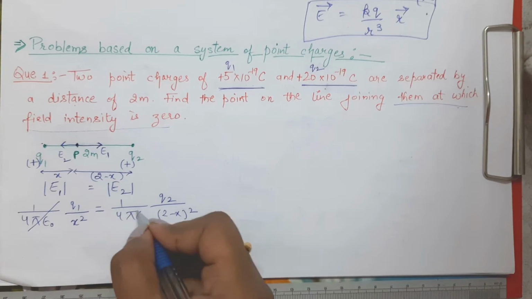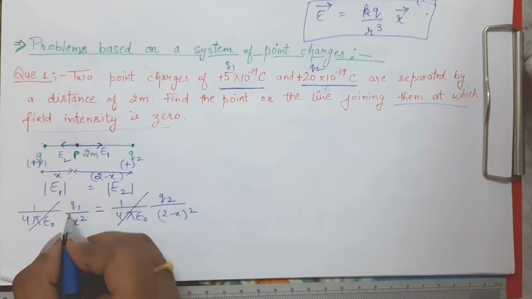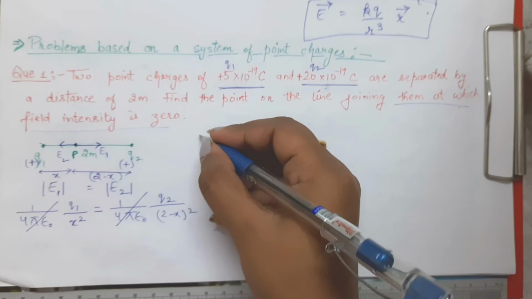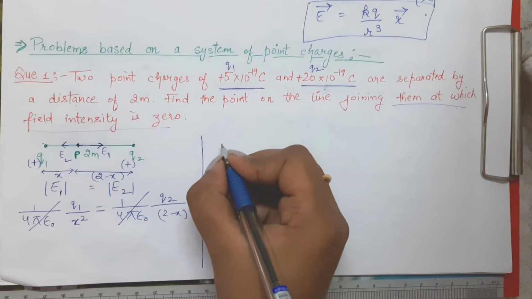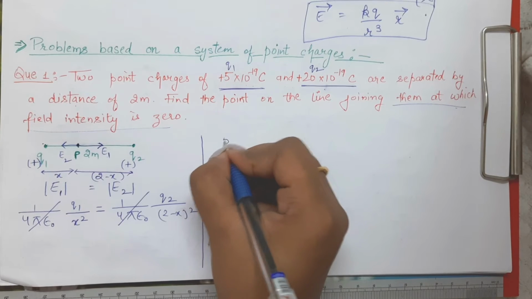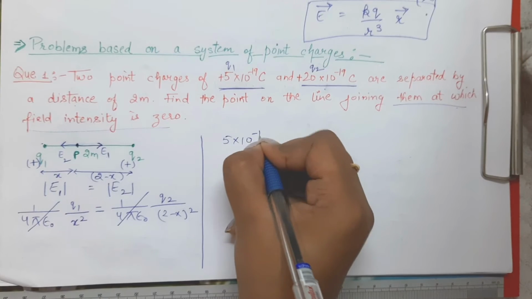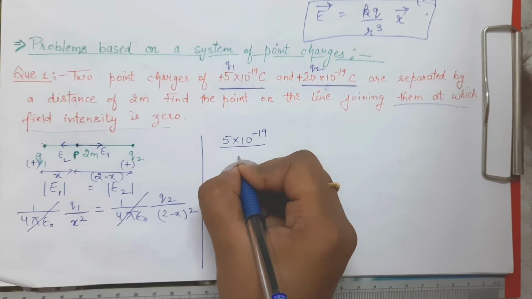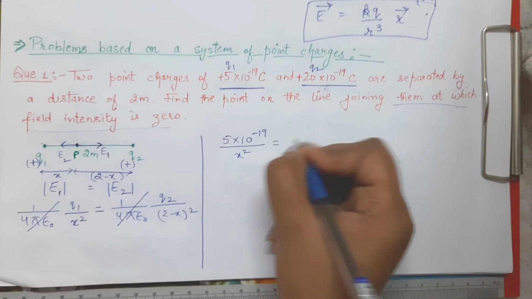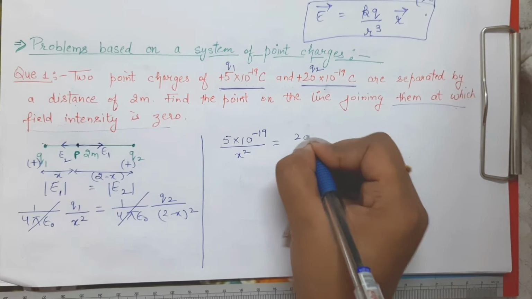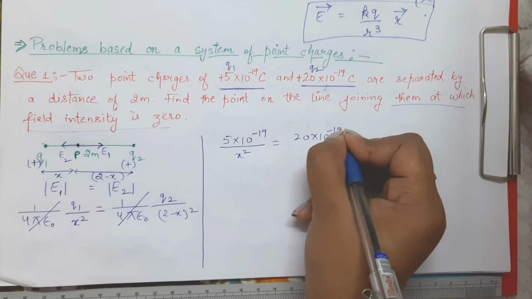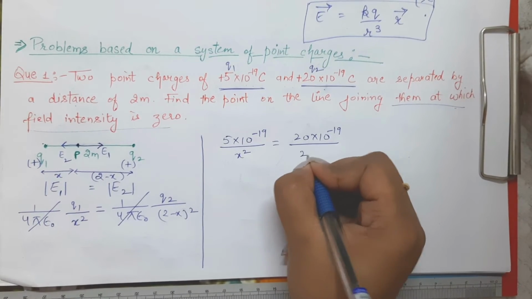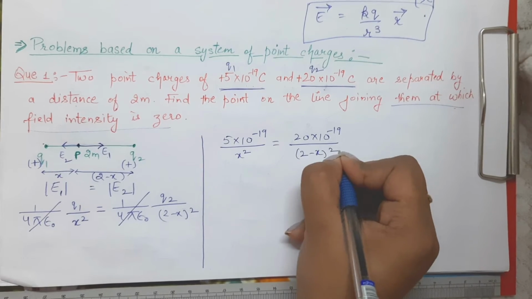Now these two factors will cancel out. Q1 is 5 into 10 raised to power minus 19 coulomb divided by x square, equals Q2, which is 20 into 10 raised to power minus 19 coulomb divided by 2 minus x whole square.